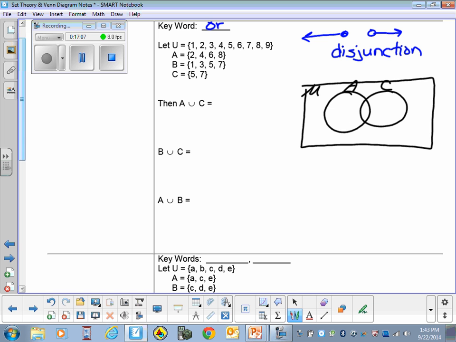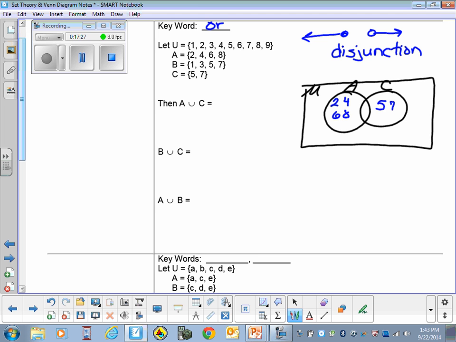Looking at A, 2, 4, 6, 8, looking at C, 5 and 7, are there any elements in common between A and C? No. So I don't want to put anything in the overlap. 2, 4, 6, 8 in A, 5 and 7 in C.